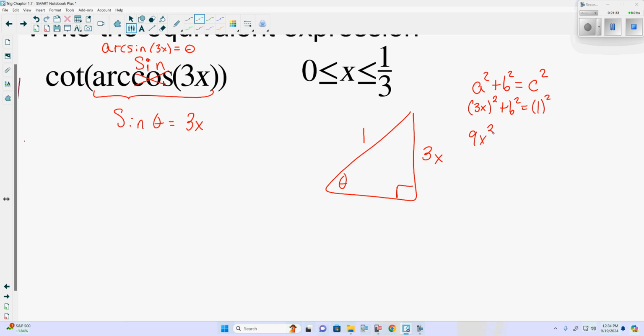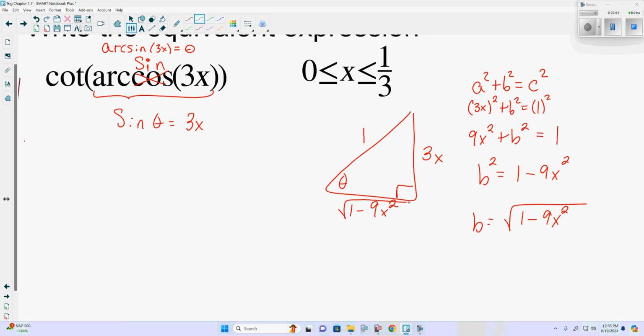Now just like the last one, we could get 9x squared plus b squared is equal to 1. Subtract 9x squared. Take the square root. Now, similarly to the last one, this is going to be positive.